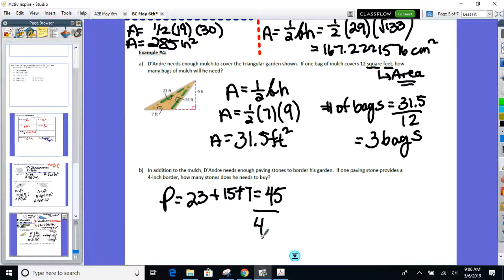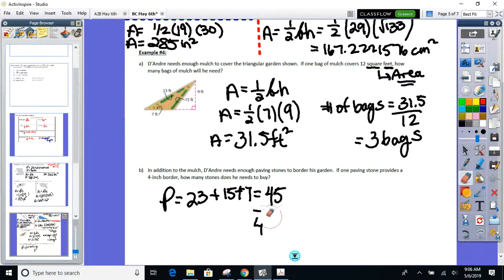Second thing you got to be aware of in this unit and next: units are going to change within the same problem. And we got to be aware of it. Some of you are still like, what do you mean? Well, that's 45 what in units? Feet, but each stone covers 4 inches. Got to be able to focus and figure that one out.